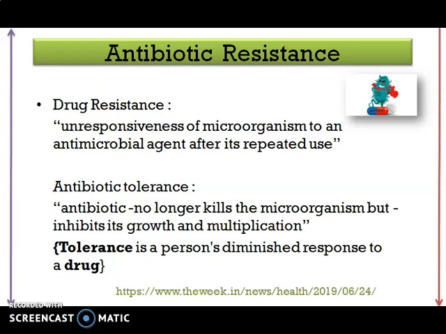And one more point you have to remember here: antibiotic tolerance is especially seen when antibiotic therapy or antibiotic dose is stopped. At that time the microorganism starts growing up. But in case of resistant microorganisms, they show their multiplication and growth in the presence of antibiotics, and that is the difference between tolerance and resistance.